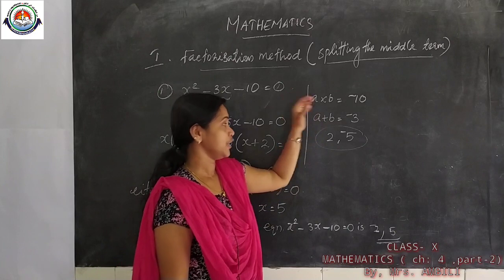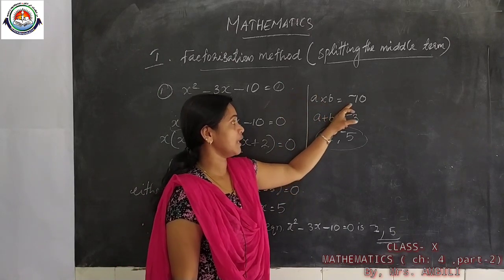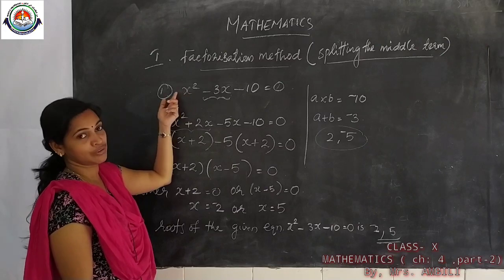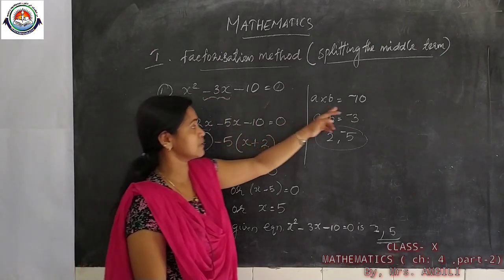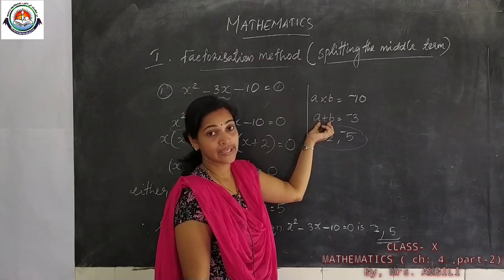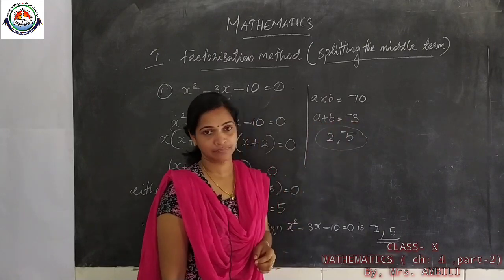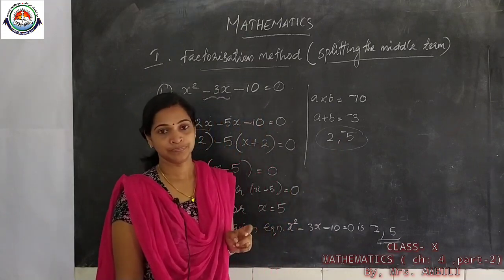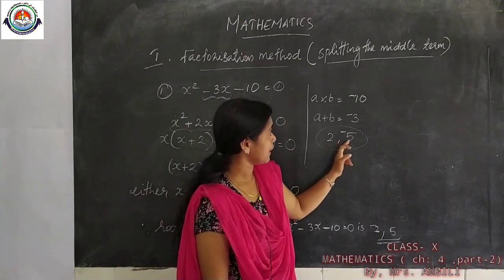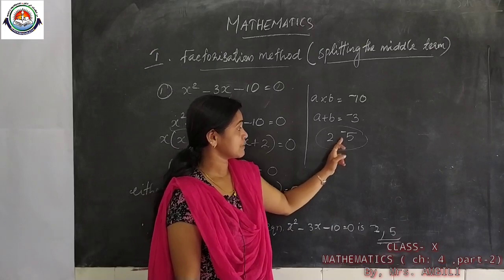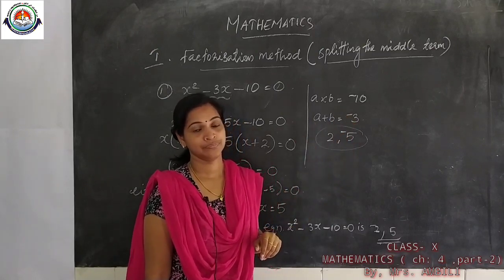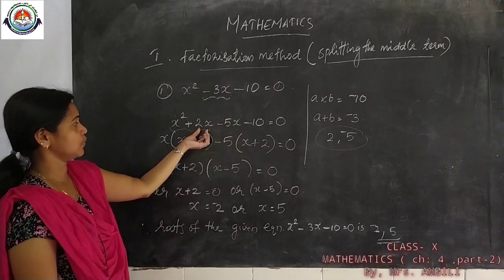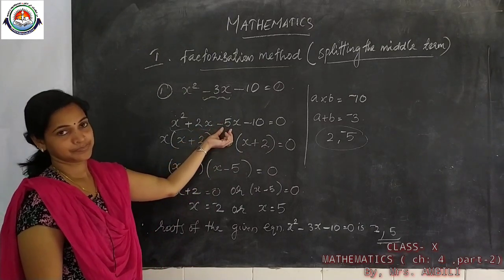That is, any two numbers, when we multiply the two numbers, we need to get minus 10, the coefficient of x square 1 into minus 10, and a plus b, when we add the two numbers, we need to get minus 3. So, now we got the two numbers 2 and minus 5, because 2 into minus 5 is minus 10 and 2 plus minus 5 is minus 3. So, that we added here plus 2x minus 5x.